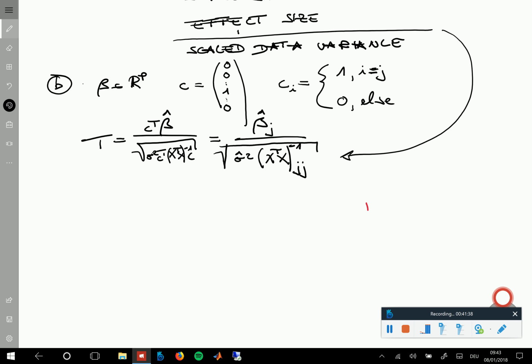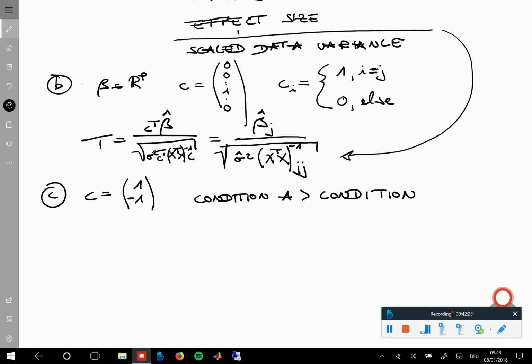And then, of course, what you will be very interested in is contrast weights of this form, let's say you have two beta parameters in a multiple linear regression design, because these kinds of contrasts refer to what people put in fMRI papers in terms of condition A larger than condition B. This might not tell you much at this point, because we haven't talked about how the GLM is adapted to the fMRI case.